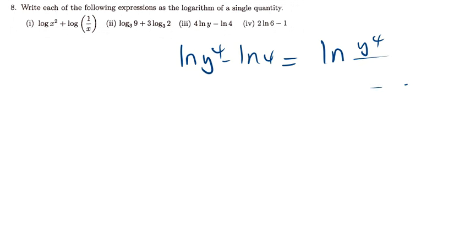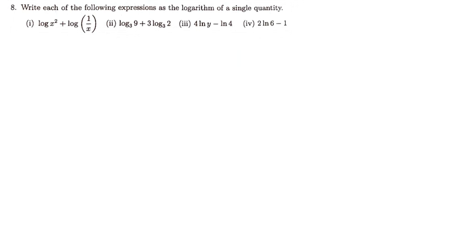The last one, we are trying to write it as a single logarithm, but I feel like they forgot something here. I don't know if maybe it was supposed to be minus ln something. The way it is, I'll shift the 6, that is going to be 6 to the power 2 minus 1.